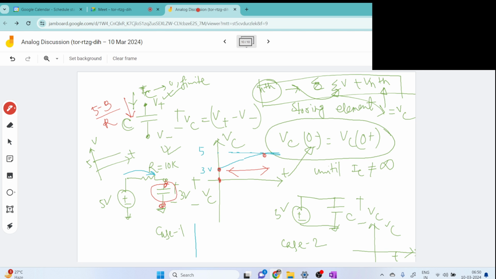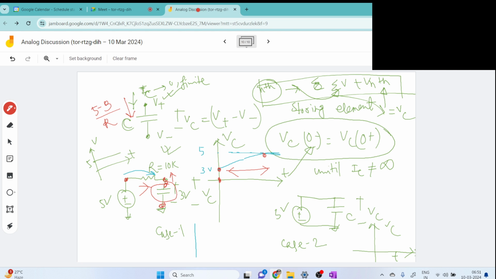As time goes on, VC gets increased more and more, the difference between the 5 volt and VC gets lowered, and the current is zero at steady state. Another approach: this is charging, so this voltage is increasing while this voltage is fixed, so the current will be decreasing, right? This is another interpretation.